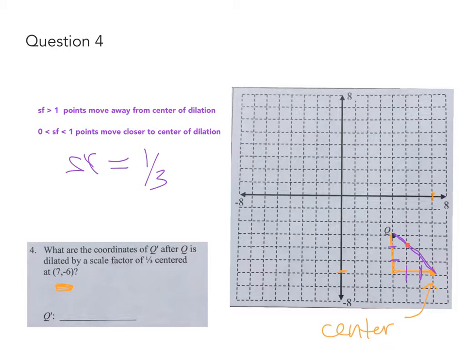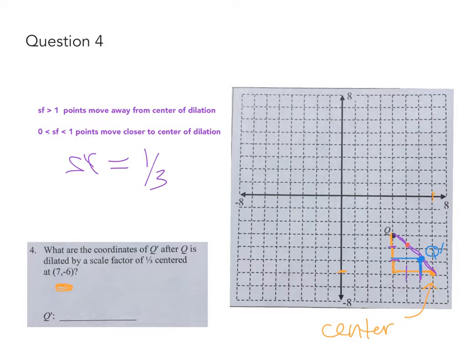Even though we've moved 1/3 in, the scale factor is going to really change the distance from Q to the center. So we need to move another third in, and this purple line I drew isn't perfect. It should go right through this point right here.